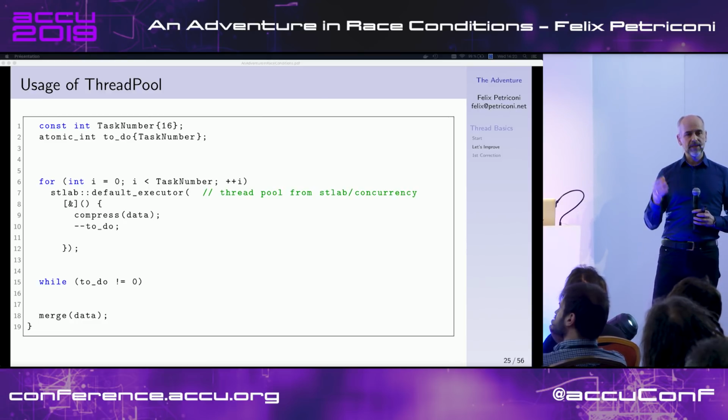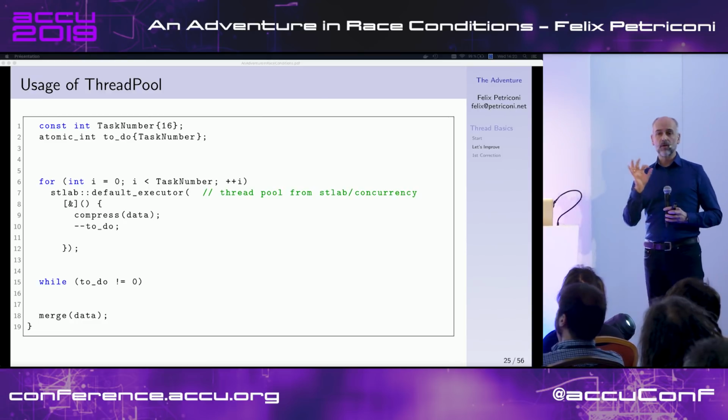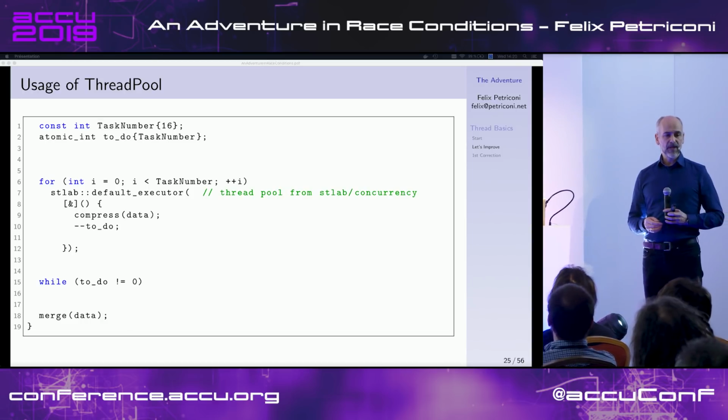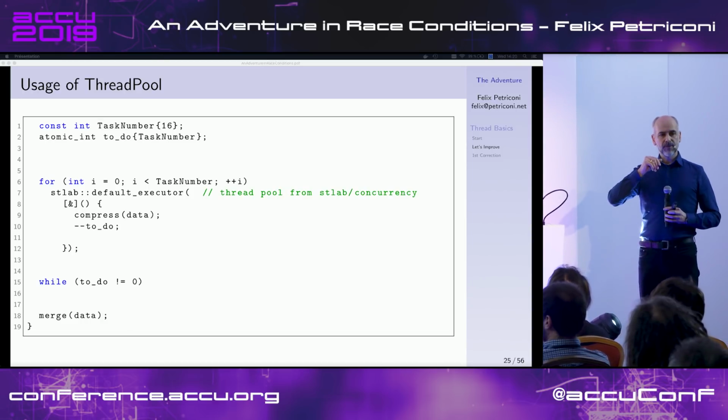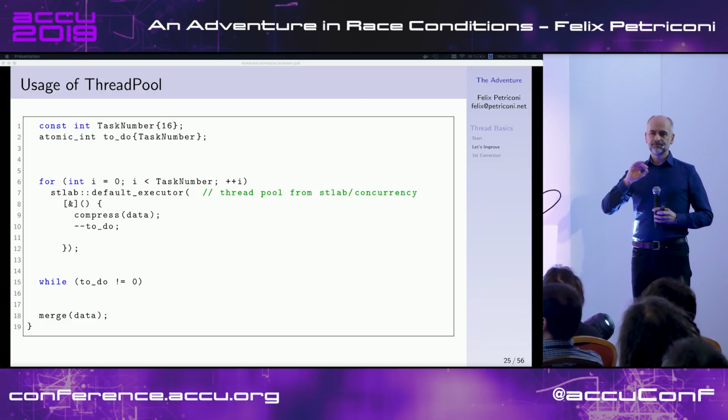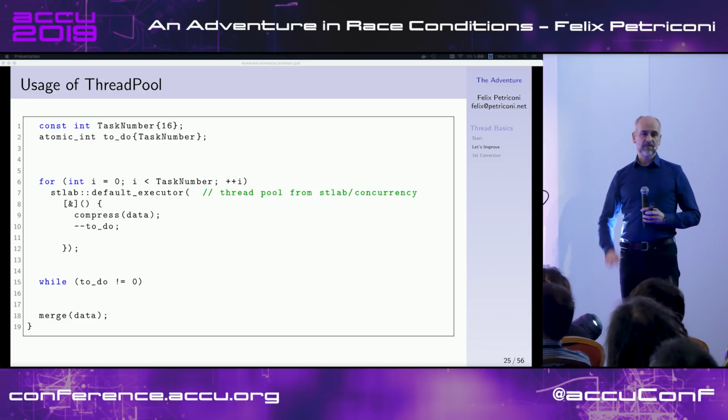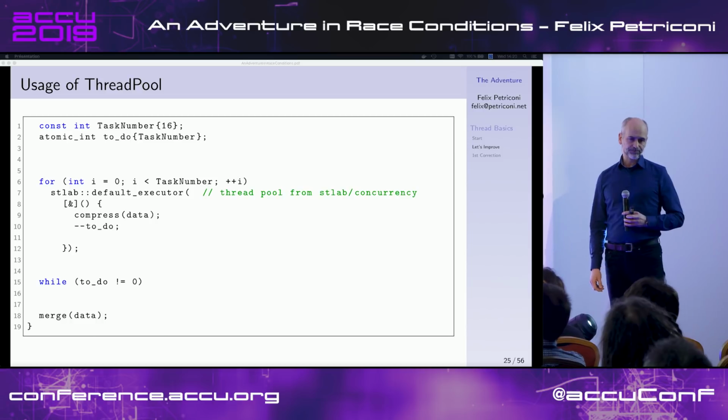Normally it has more or less as many threads as you have cores, and it automatically uses the cores as efficiently as possible.